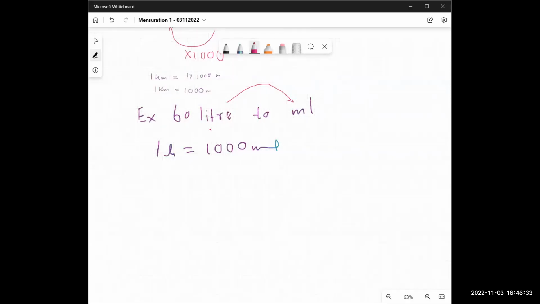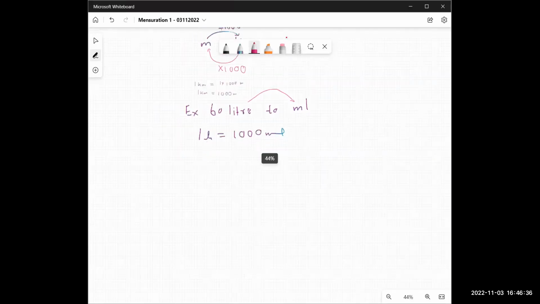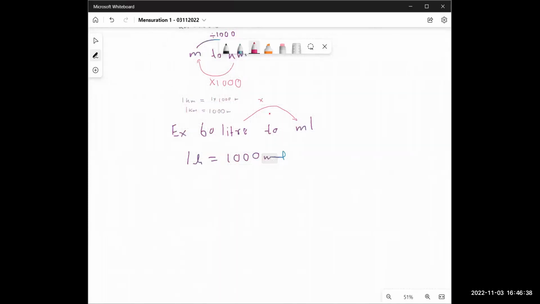So if I'm going from big to small, what do I do? Multiply with what? 1000. So 60 liter is equal to 60 into 1000 ml. I hope that's clear. Any questions?